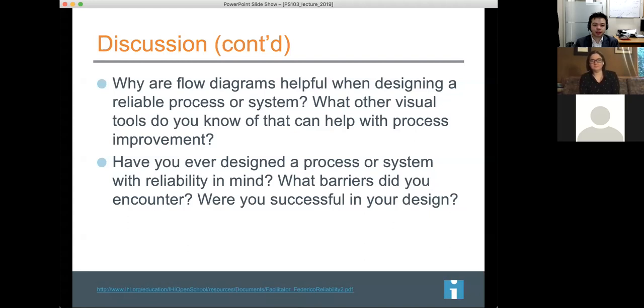Process mapping for an abscess pathway, just trying to improve the flow of a patient coming through the hospital who had an abscess. And there were things in that system that I wanted to build in reliably. The main thing was actually getting patients booked as a day case. And in order to do that, I needed to perform a few checks to make sure that the patient was suitable for this pathway.